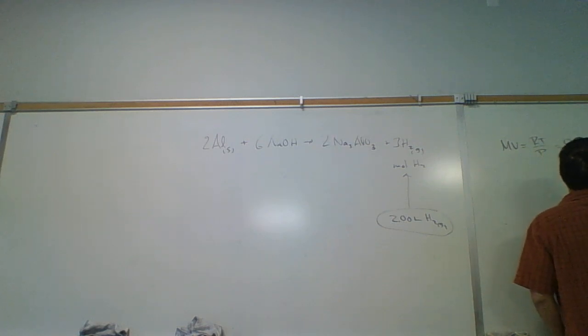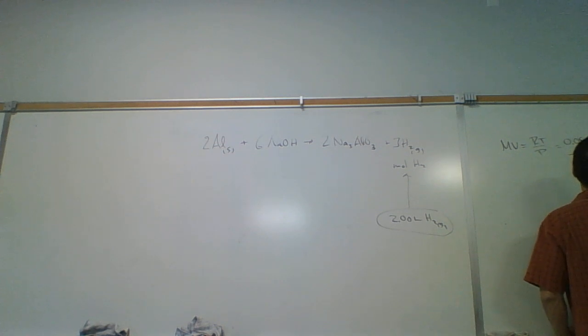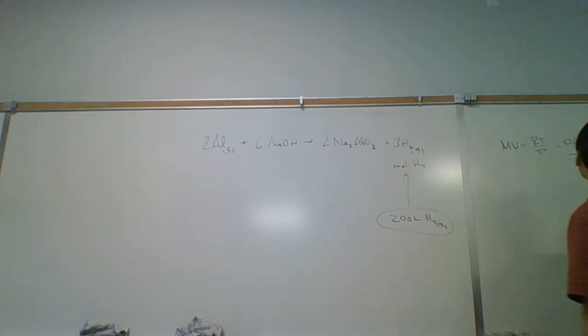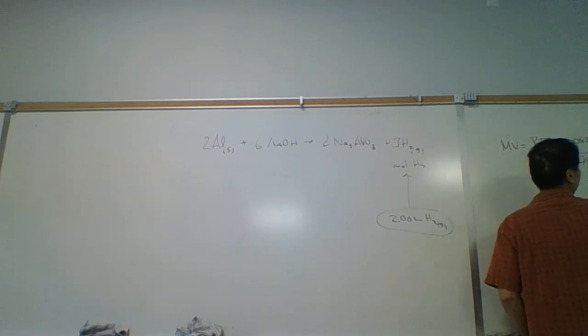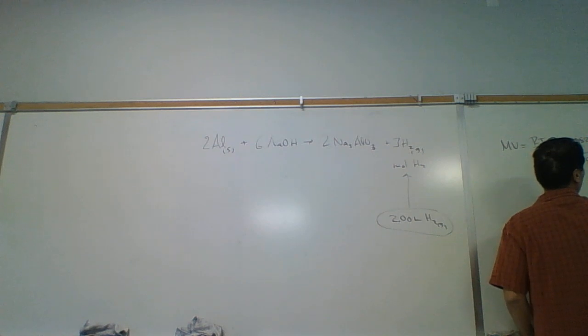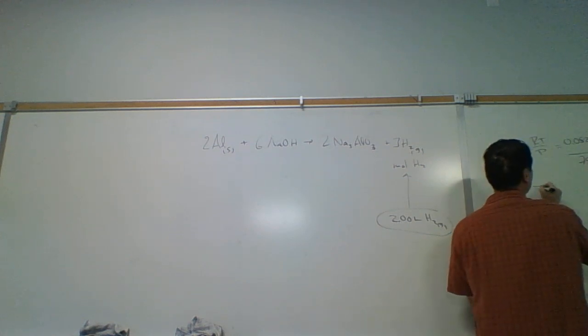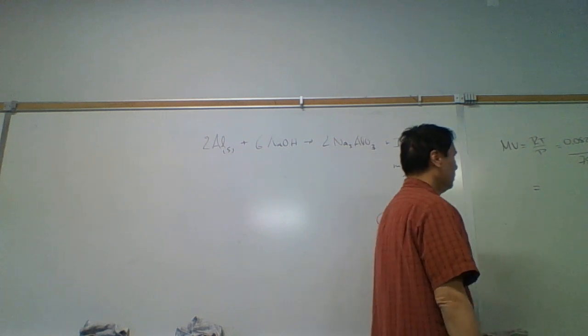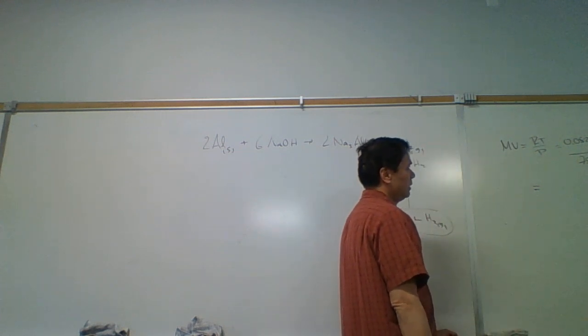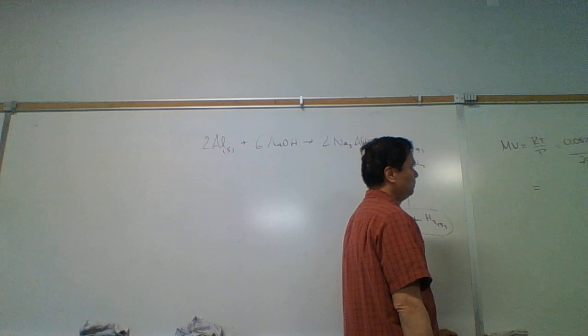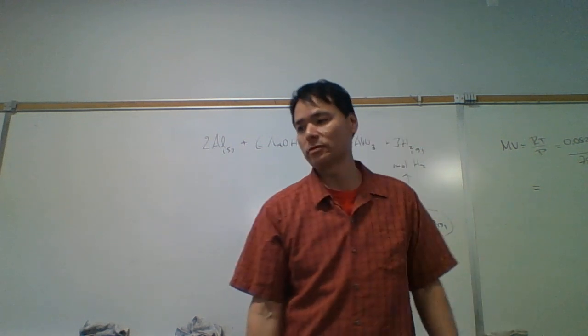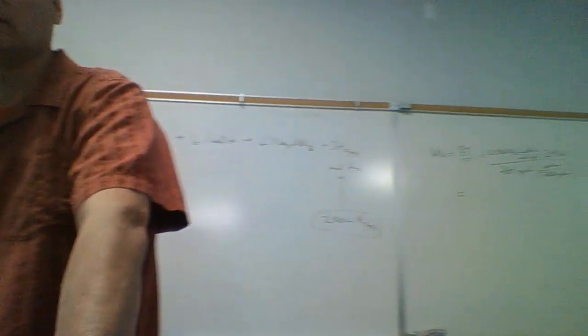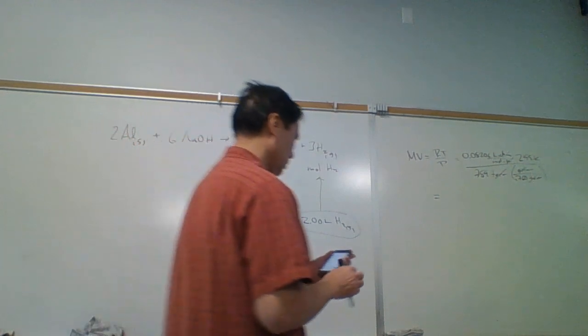We've got to convert that to atmospheres. Looking at the units, the torr cancels, the atmosphere cancels, the Kelvin cancels. That gives us liters per mole, which is what we want: how many liters are there in a mole? So we'll do this quick calculation, and then we can get the conversion factor.